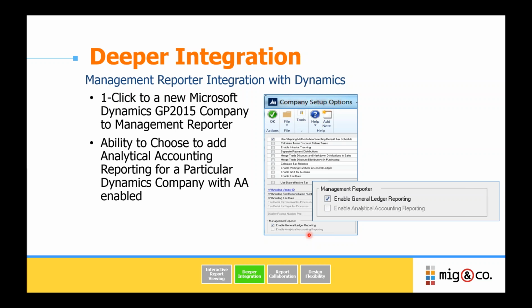With Management Reporter, you also have an additional company that's created with an AA appended to the name. The nice feature here is that you can choose to not enable that analytical accounting reporting. For those of you who use AA, the reason for not wanting to include that might be clearer to you than others, but it's nice to be able to choose whether or not you actually want to do any AA reporting inside of Management Reporter.